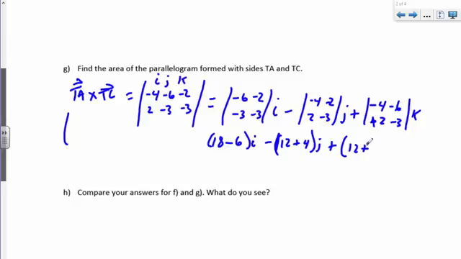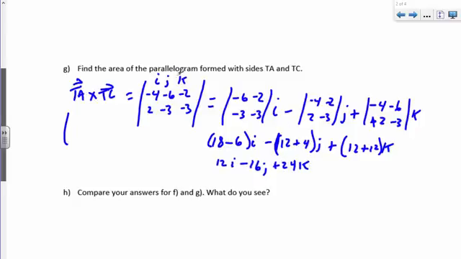Which is interesting, because we got 12 and 12, which would make 24. Okay, so this will be 12i. And then we're subtracting this, remember, so this will be -16j, and then plus 24k.